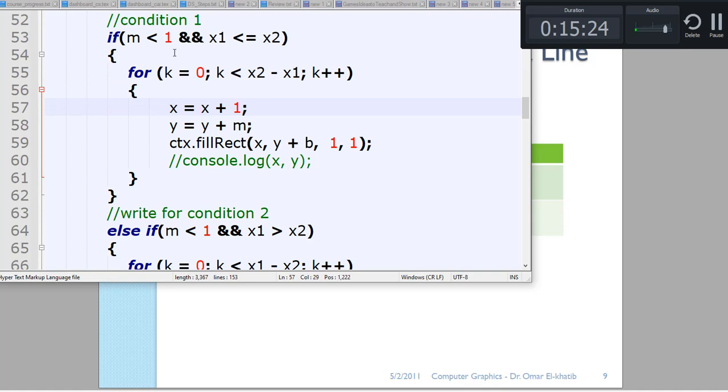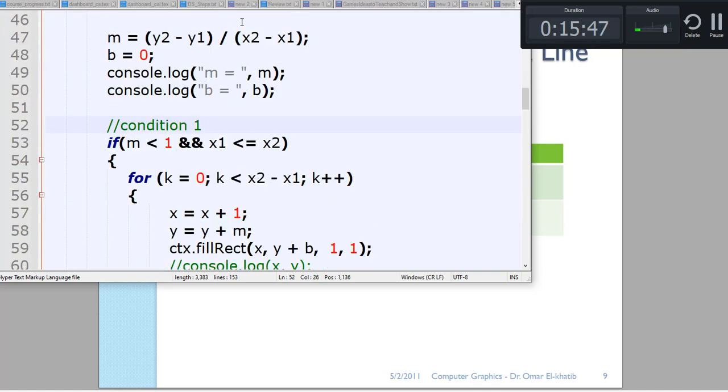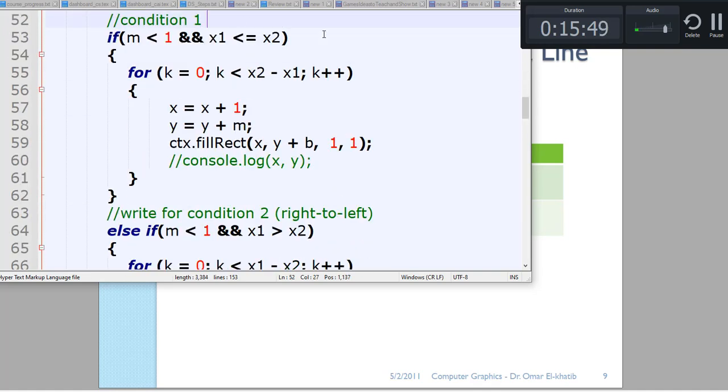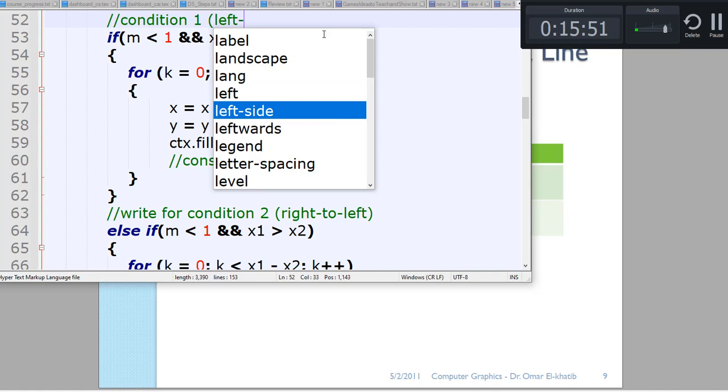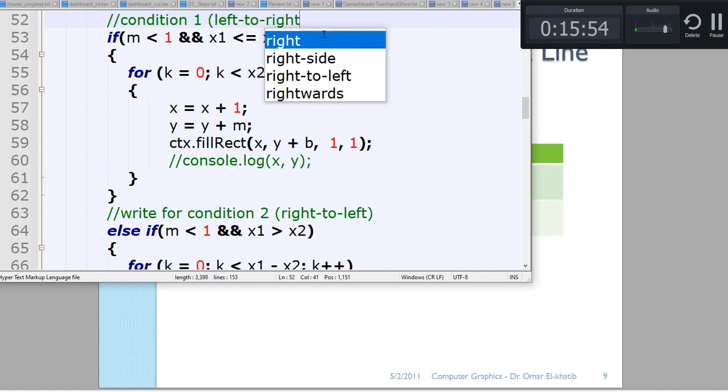Condition 2: m is less than 1 and x1 is greater than x2. The difference is that x1 is now greater than x2 in condition 2, and you remember when x1 is greater than x2 it means we are going from right to left, and condition 1 is from left to right.